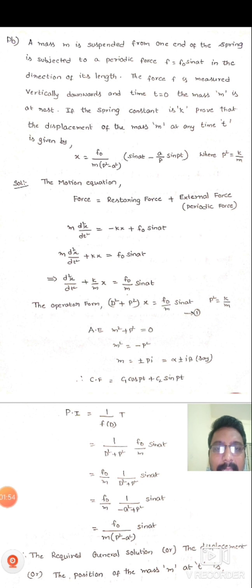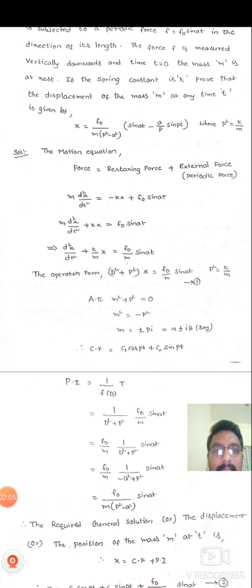Now this can be written as m d square x by dt square, and negative kx, when it comes to the left hand side, will be positive kx, equal to F naught sin at. Now dividing the whole equation by m, we will have d square x by dt square plus k by m into x equal to F naught by m sin at. Now it is a second order differential equation.